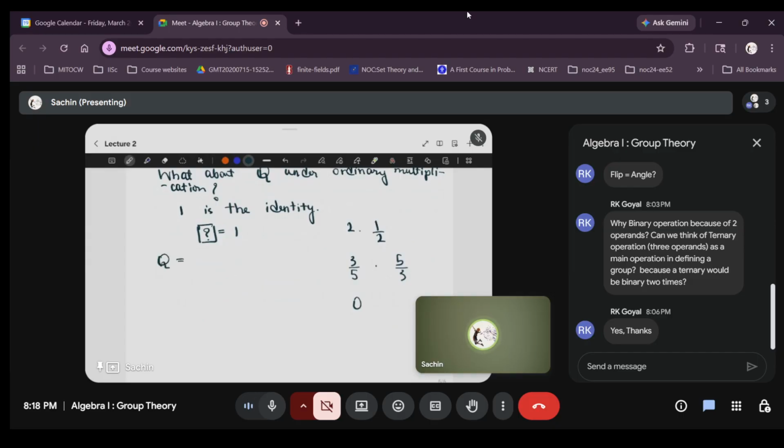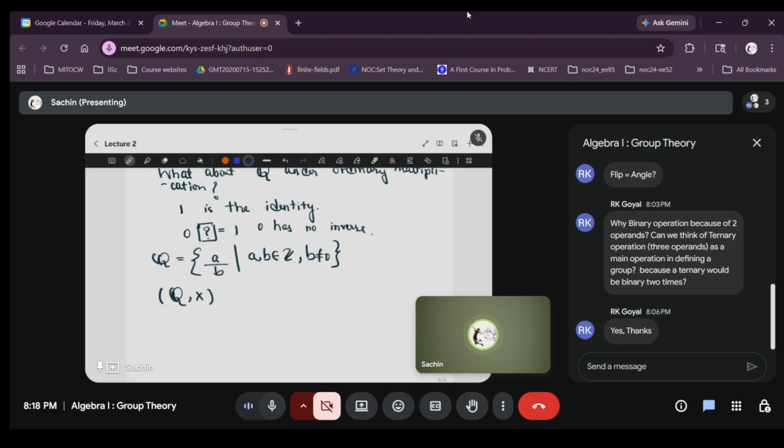Q is defined to be the set of all A by B such that A and B are integers and B not equal to 0. So 0 can be written as 0 by 1. So it is a rational number. So 0 does not have an inverse. So Q under multiplication is not a group.